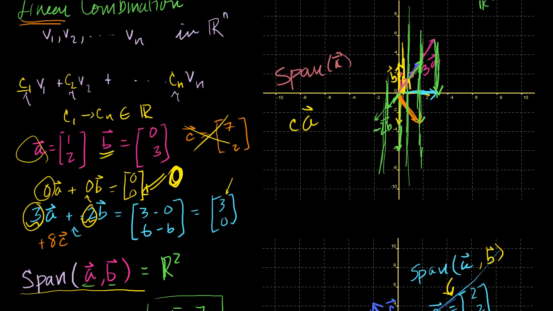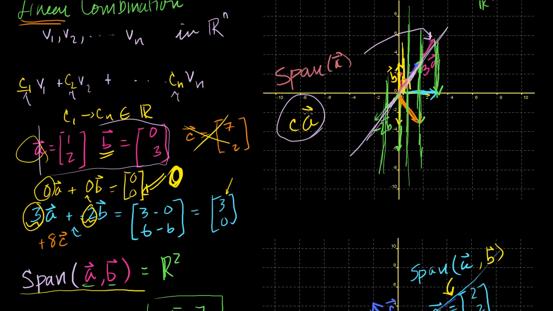And we saw in the video where I showed a parametric representation of a line, that the span of just this vector a is all of the line that's formed when you just scale a up and down. So span of a is just a line. You have to have two vectors, and they can't be collinear, in order to span all of R2. And I haven't proven that to you yet. But we saw with this example, if you pick this a and this b, you can represent all of R2 with just these two vectors.